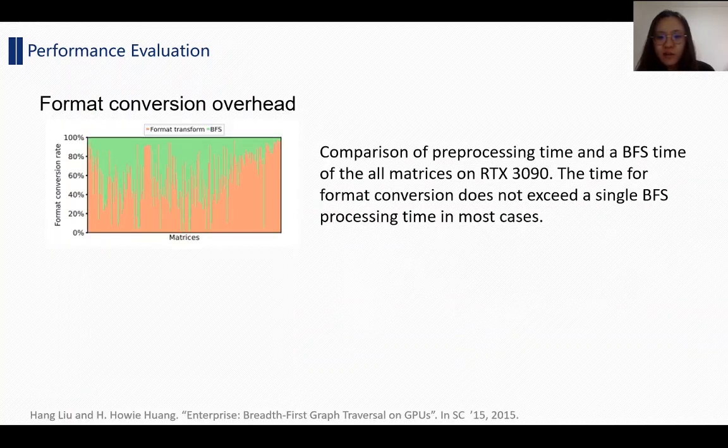This is a comparison of the time for converting a CSR format matrix to the tiled format and the execution time of the BFS. The time for format conversion doesn't exceed a single BFS execution time in most cases.